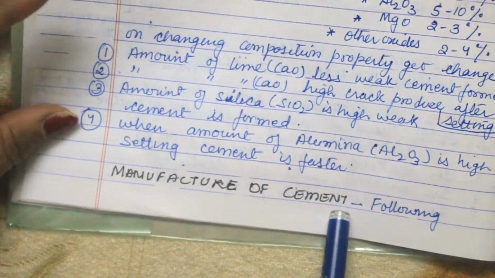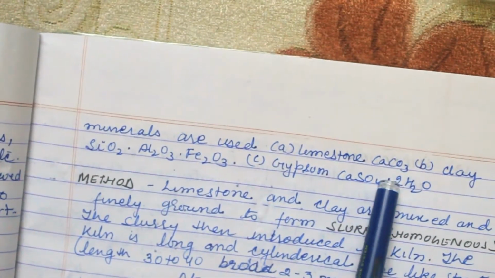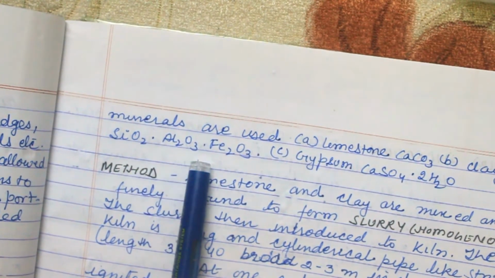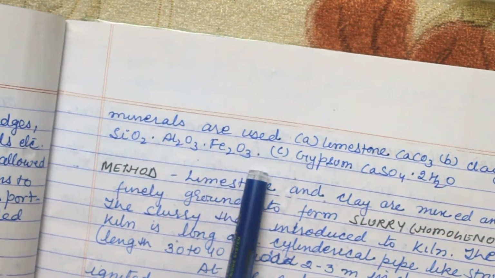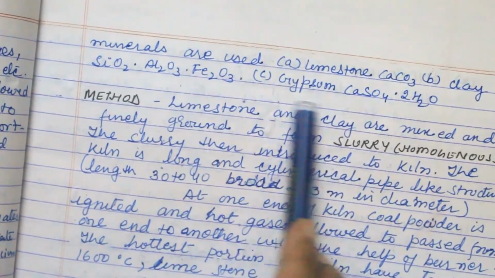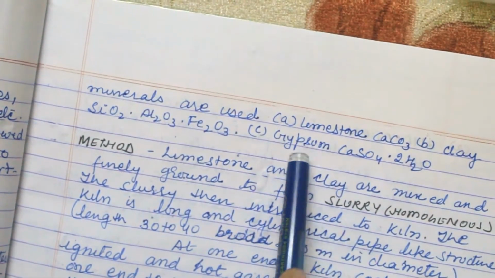Now the manufacture of cement. The following materials are used: limestone, calcium carbonate, clay, SiO2, Al2O3, Fe2O3, and gypsum, CaSO4 with 2 molecules of water. These are used to manufacture the cement.